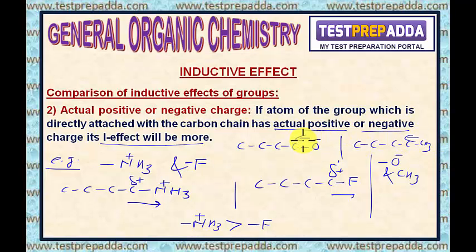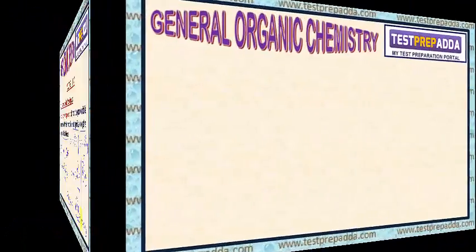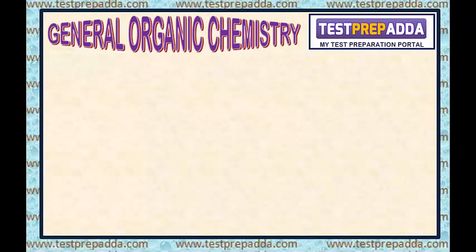O minus has got the electron pushing tendency. But here this oxygen has got the actual negative charge, and that is why the plus I effect of O minus will be greater than CH3. My point is clear?